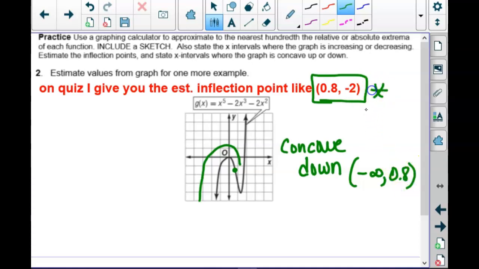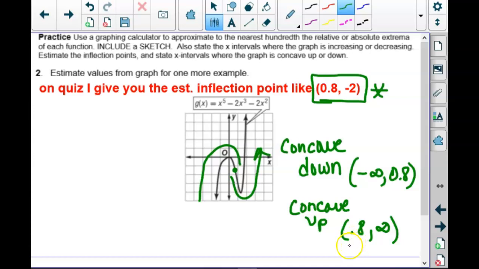Again, I gave you the inflection point like I would on a quiz. And then to the right of that, concave up from 0.8 to infinity.